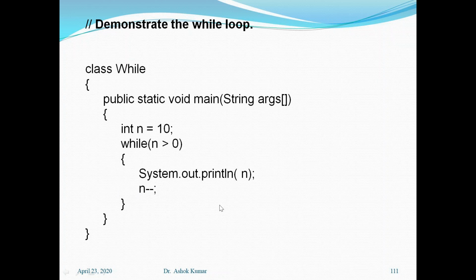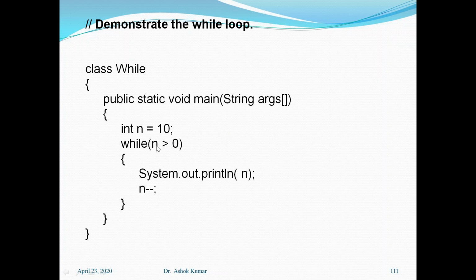Then the control will go to the conditional expression again. This time this condition will be evaluated again: 9 is greater than 0, so the condition is true. So the same body of the while loop will be executed again, and you will get 9 in the next line. Then this statement will change the value of n to 8, and the control will be transferred back to the while loop again.